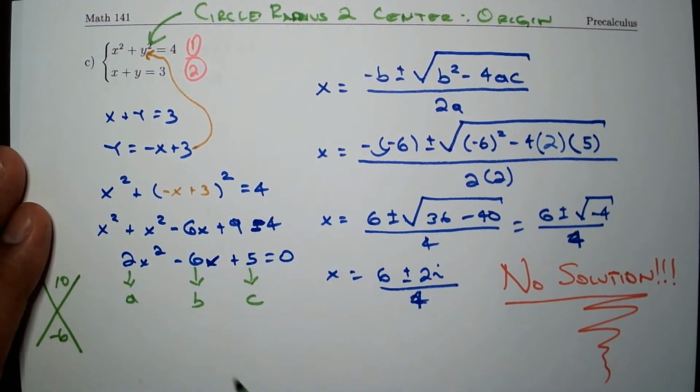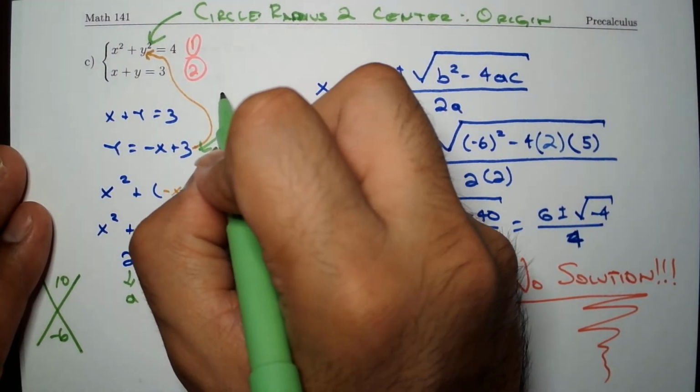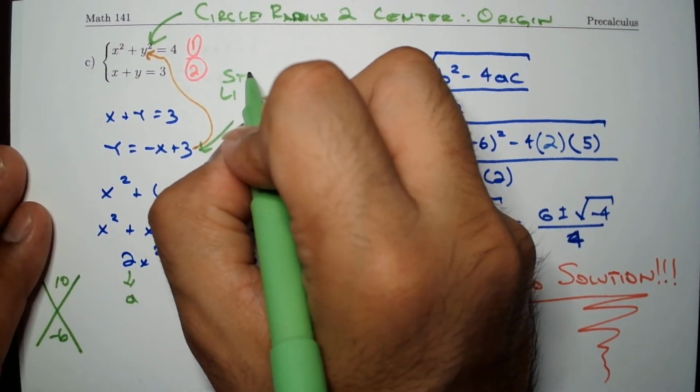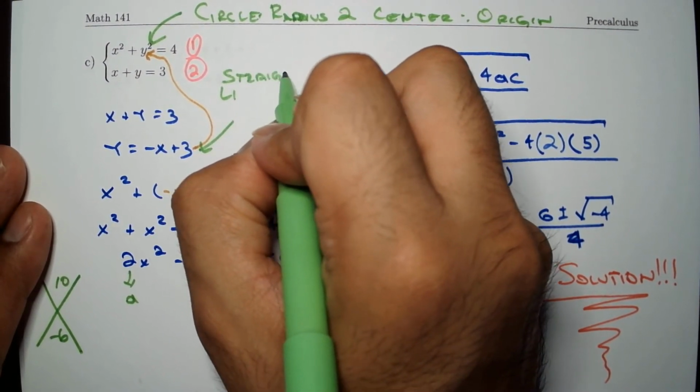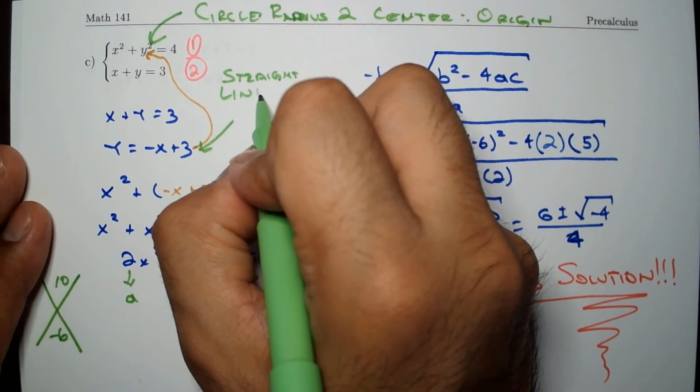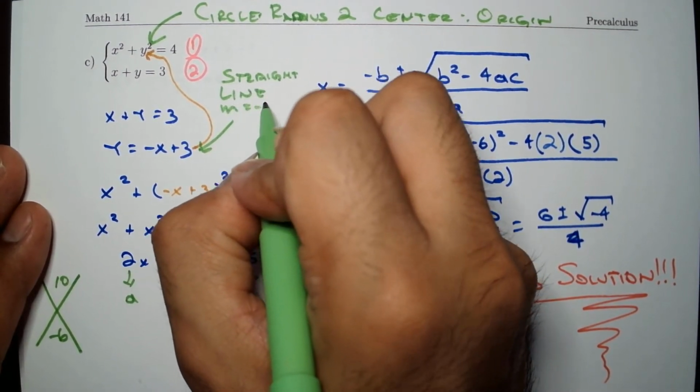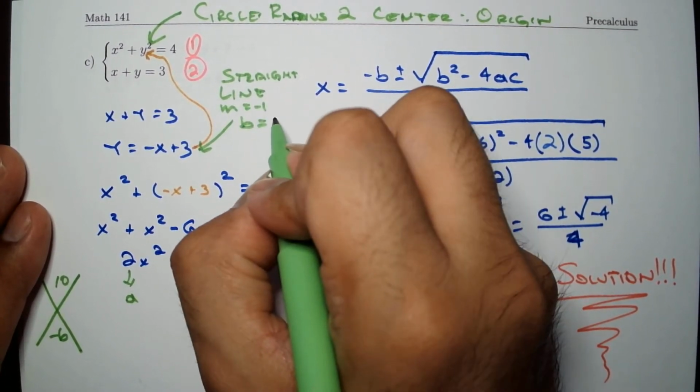Alright, that's what it is. And then we have a straight line with m equals negative 1 and b equals 3.